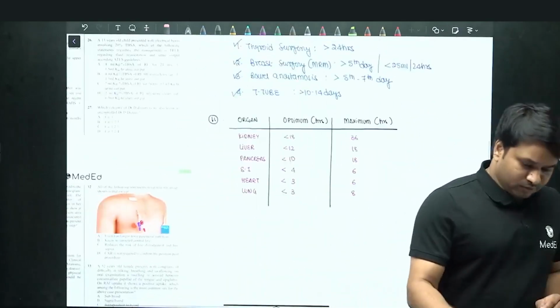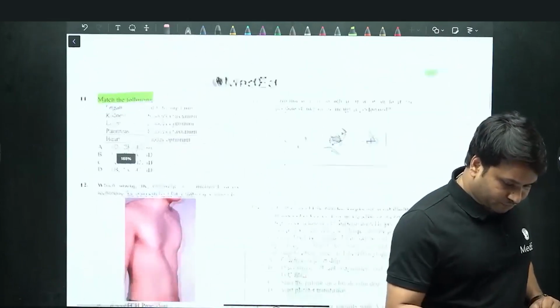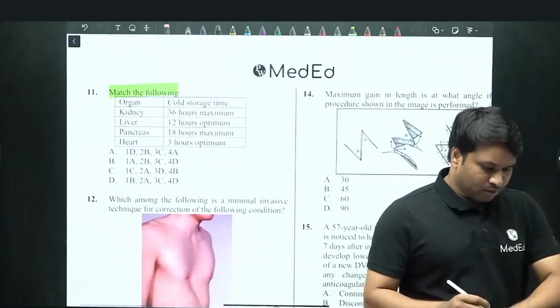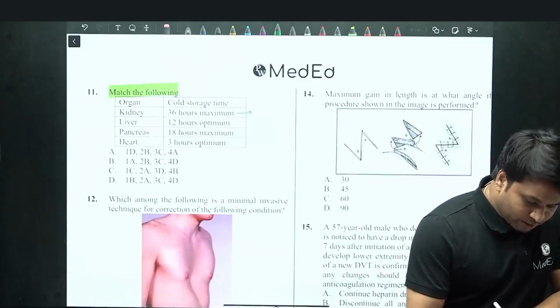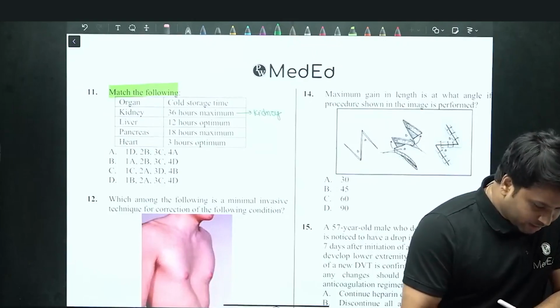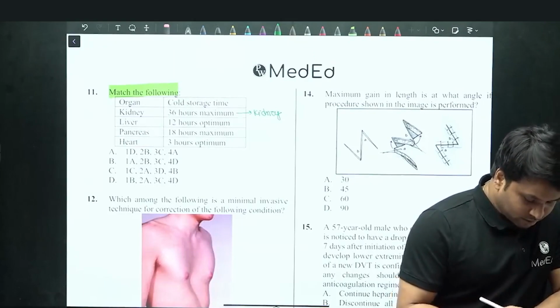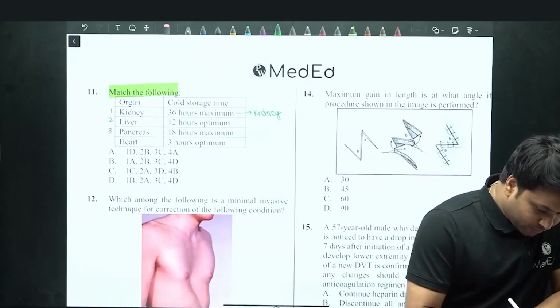Now, if you go back to our question. Okay, so we have 36 hours as a maximum storage time. This can only be there for kidney. No other organ has this. So kidney again, okay, this is going to be tricky. So let's say this is 1, 2, 3, 4 and this is your ABCD.